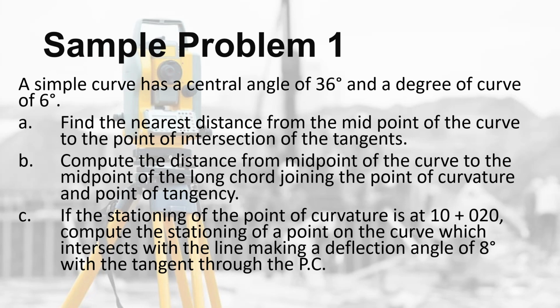So, sa first question, nearest distance. Siguro ang maganda muna is i-drawing din natin yung problem natin. So, kung i-drawing natin yung problem natin, simple curve lang naman siya. So, we have, halimbawa, yung curve natin, tapos assume na lang na perfect siya. Ayan.